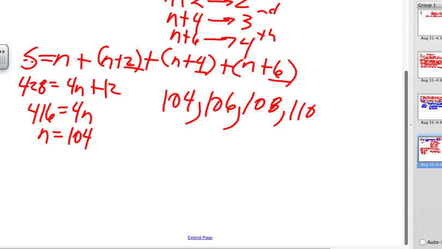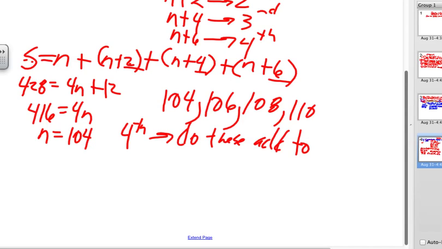The fourth step, I'm going to leave up to you. Come back in, check and see, do these add to 428? If they don't, I made a mistake. Tell me about it. If they do, then you just keep right on going. Okay, one more example.